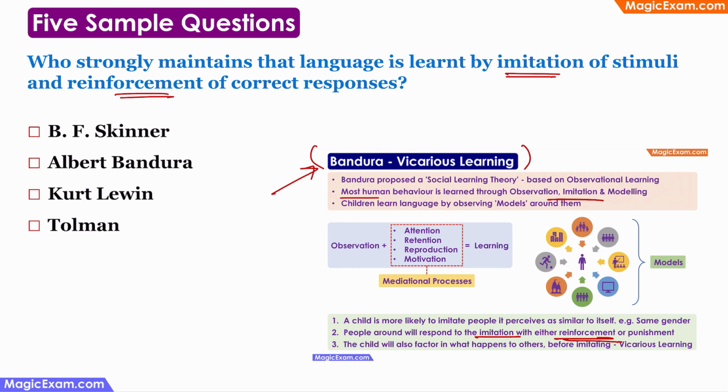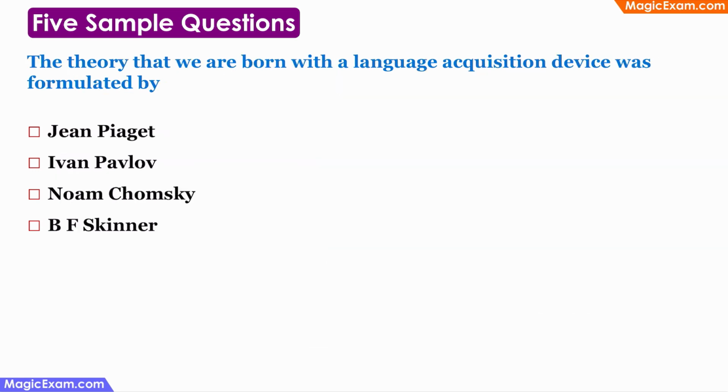Therefore, the correct answer here is Albert Bandura. The theory that we are born with a language acquisition device was formulated by who among the following? Very simple question. The answer is Noam Chomsky, who formulated the LAD, or the language acquisition device theory.